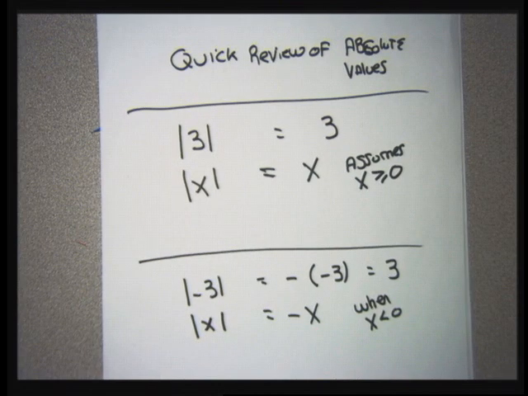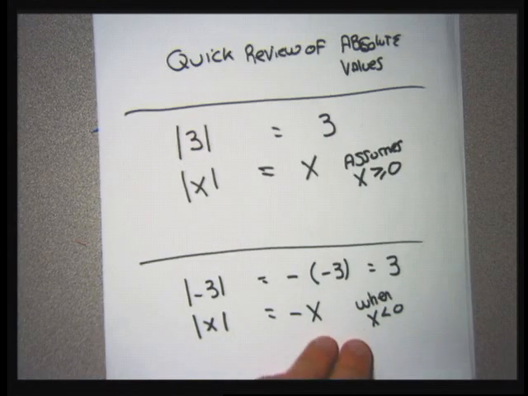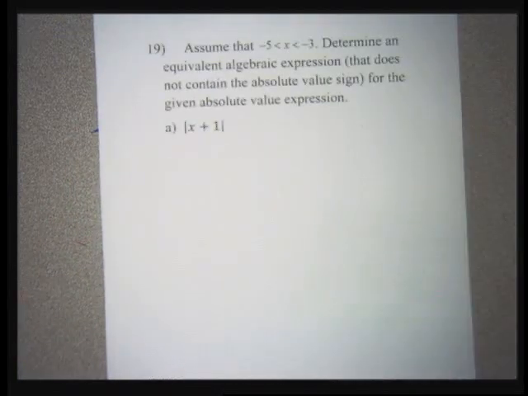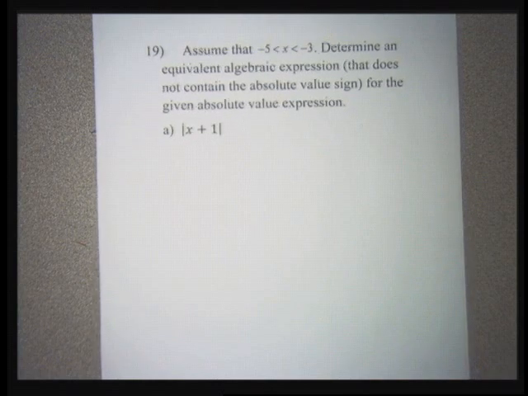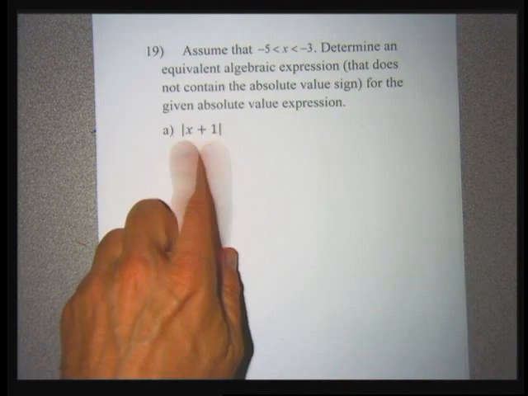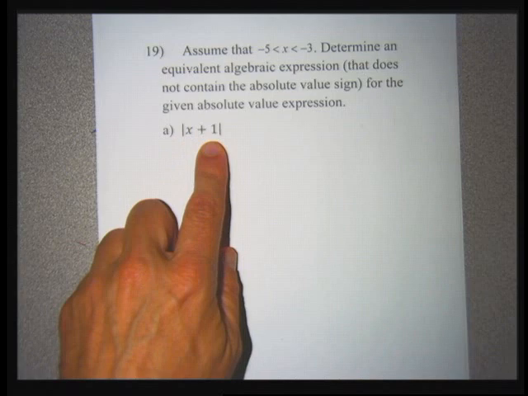That's the trick for the next question, number 19. And it's a little subtler. And I think on both versions of the Accuplacer test, they had tricks with absolute values, and this was the big trick. So I look at this, and I don't know if x plus 1 represents a positive number or a negative number.